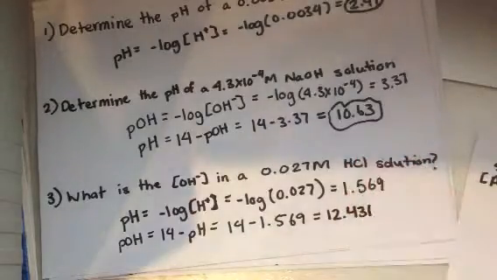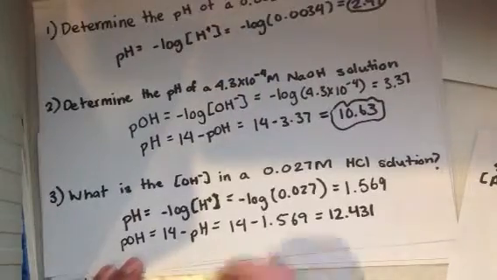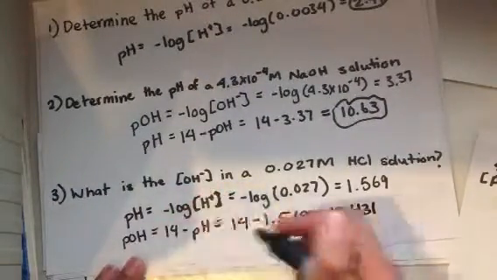And lastly, pOH to hydroxide ion concentration, we're going to take the antilog.